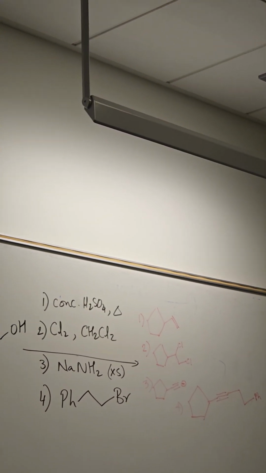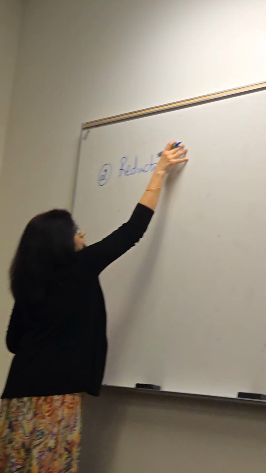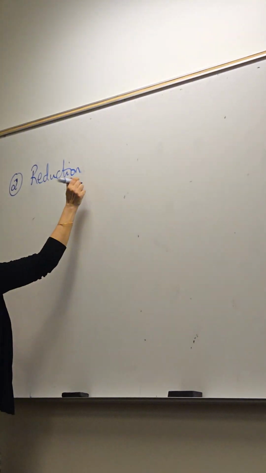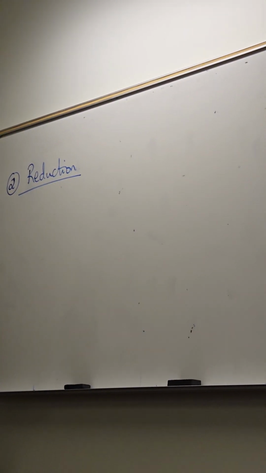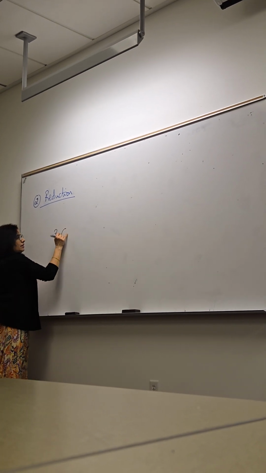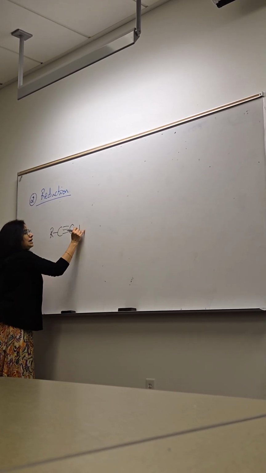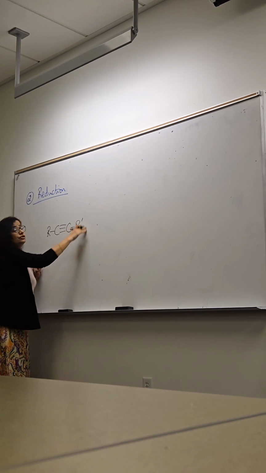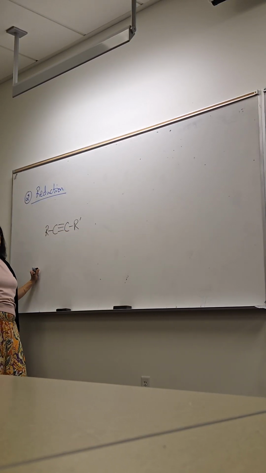Okay, next reaction of alkynes is reduction reactions. Alkynes can be reduced. You've seen a couple of those already in the previous chapter, but let's summarize it. Alkynes can be reduced in 3 different ways with 3 different outcomes.